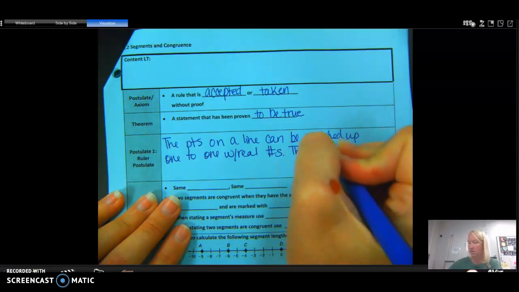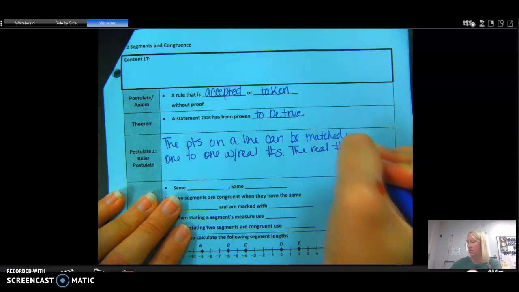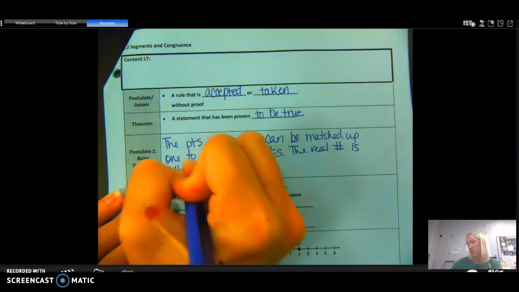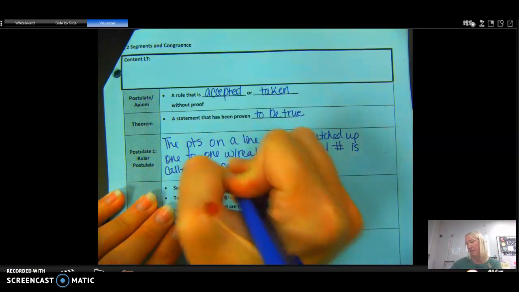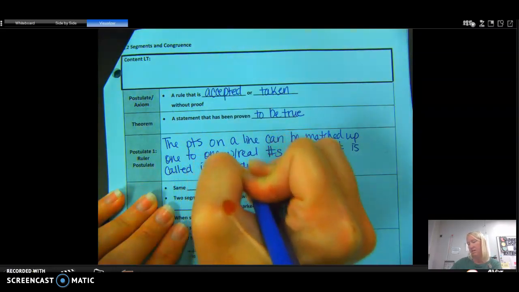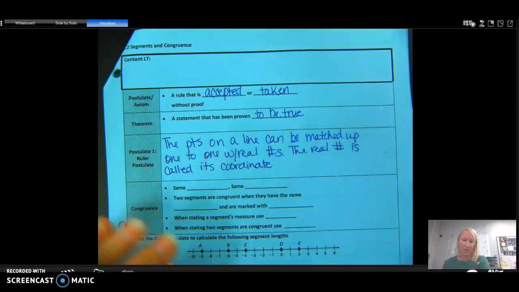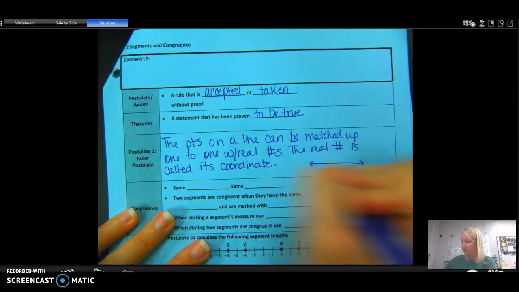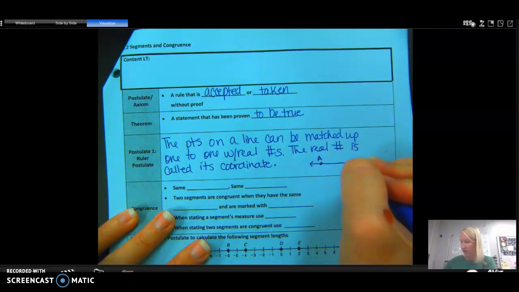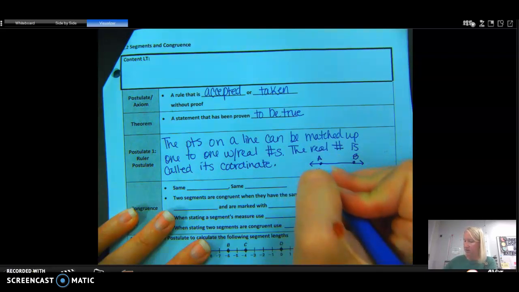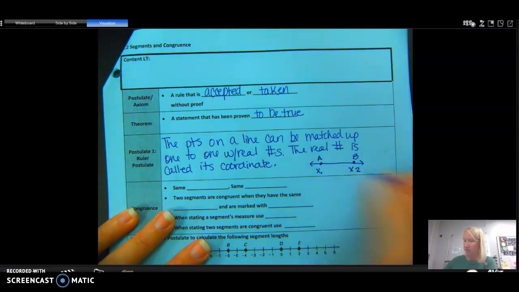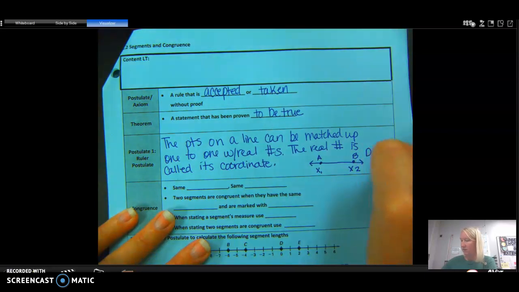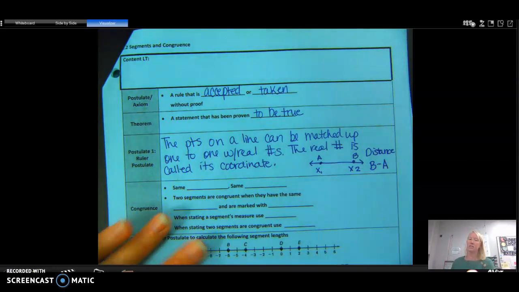The real number is called its coordinate. This doesn't mean that it has to be on a coordinate grid, guys. It just means that that's its coordinate. So for instance, if I have this line, and I have A on the line, and I have B on the line, this is coordinate 1, this is coordinate 2. To find their distance on the ruler, we do B's point, whatever number it is, minus A's point, whatever number that is.